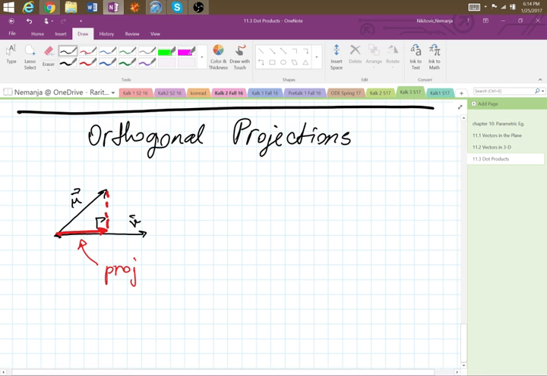We have a projection of vector u onto v. So onto v is the base. That's going to be a small value there. And then u is the larger one.